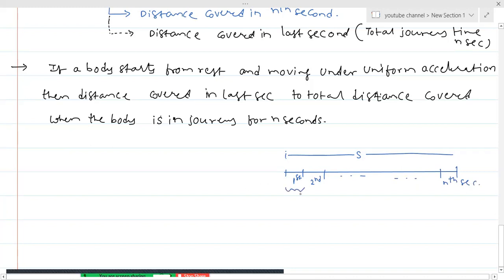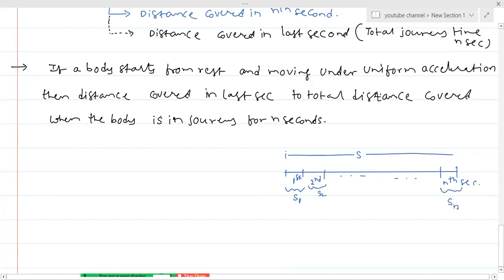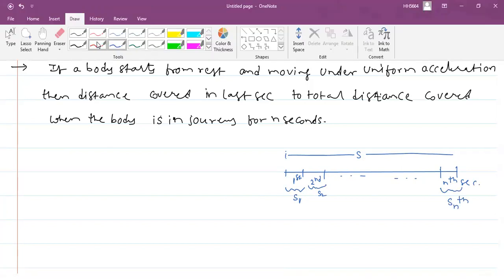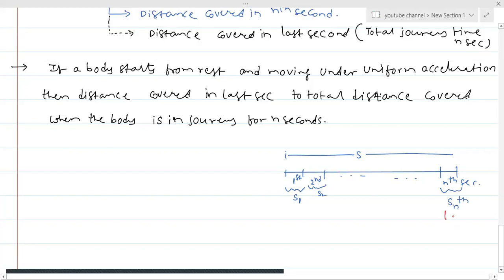We will take this as S1, similarly this as S2, and the distance covered in the last second is the nth second. So this is the last second of its journey.